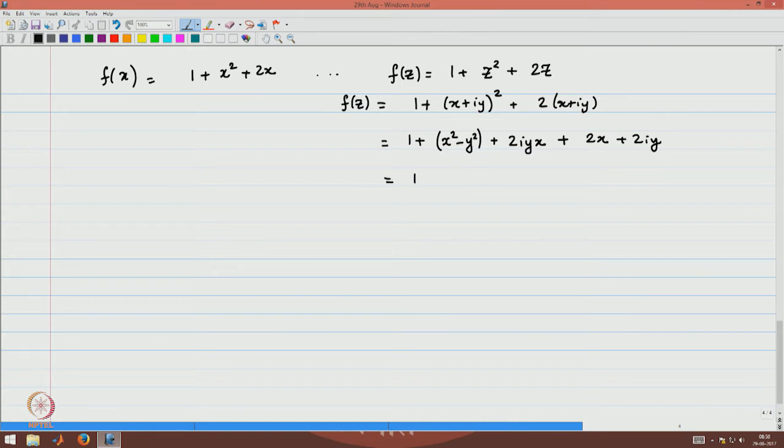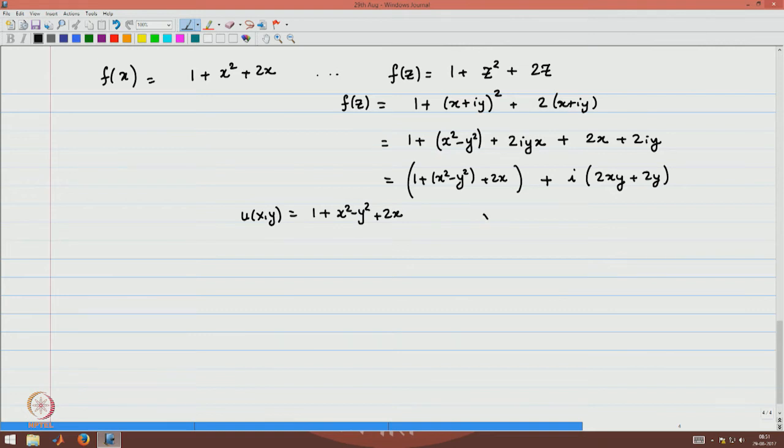So, I can write this as 1 plus x square minus y square plus 2 x, plus I times 2 x y plus 2 y. So my u of x y is equal to 1 plus x square minus y square plus 2 x, and v of x y is equal to 2 x y plus 2 y. This is what corresponds to this function.